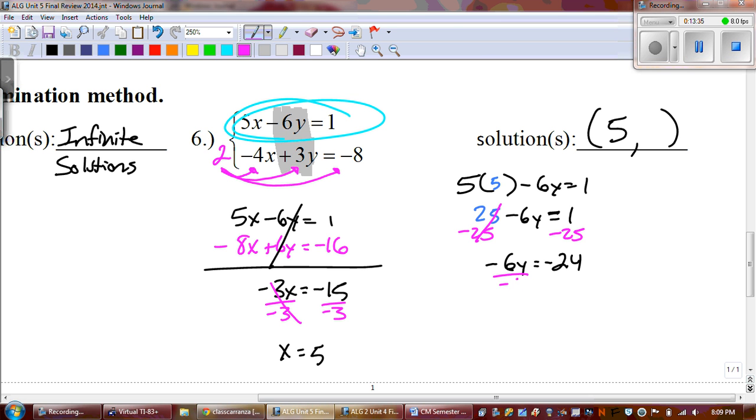And then to get the y all by itself, we divide by -6, inverse operations, and we get that y equals 4, because that's a negative divided by negative. So once again, when we're all done, we get x equals 5 and y equals 4. So it's the point (5, 4).